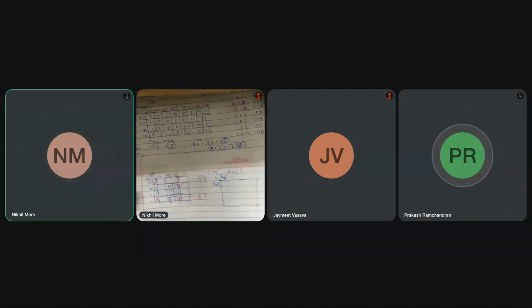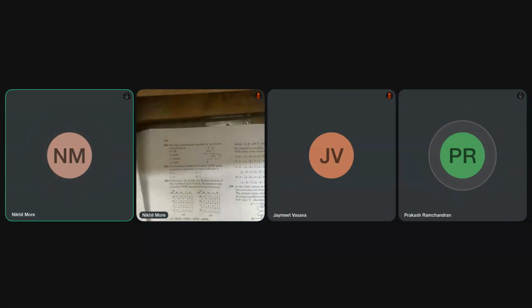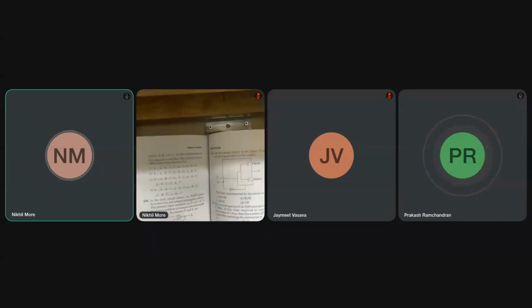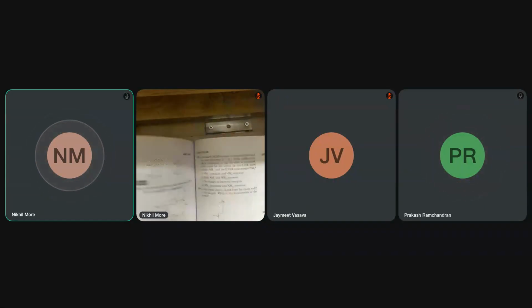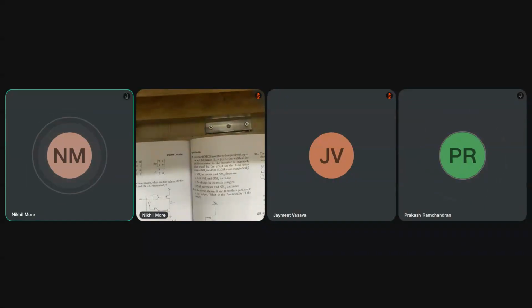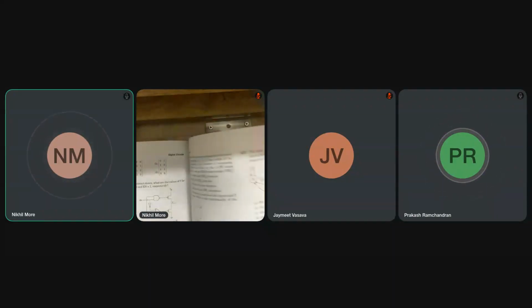And try to look for some numerical on sum of products. POS is rare. I mean, it is less frequent than SOP.